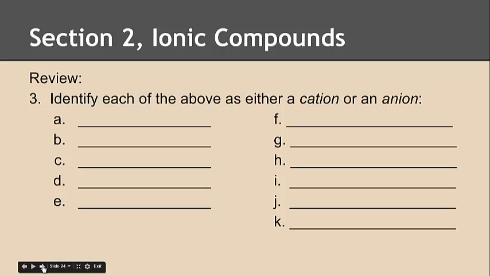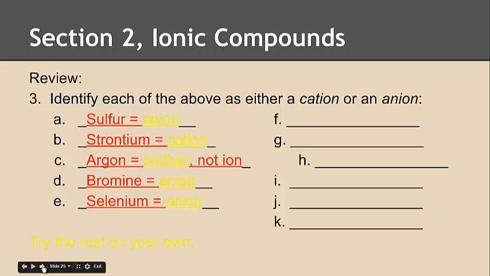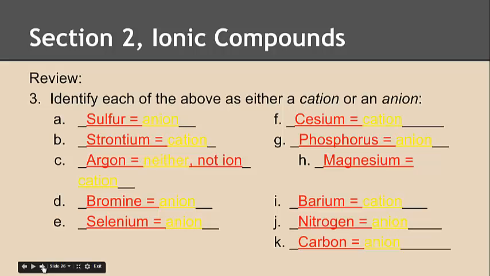Again, if you can do it on your own, go ahead and pause it and give it a shot. And A through E look like that. And if you can do F through H, go ahead and give it a shot. Or F through K, and there's what F through K looks like.